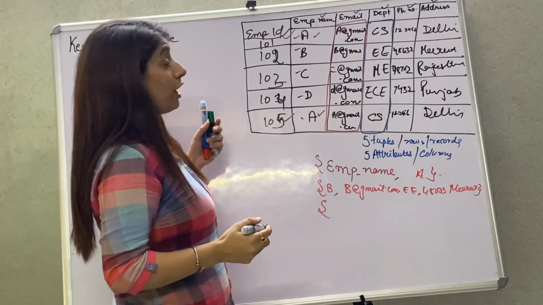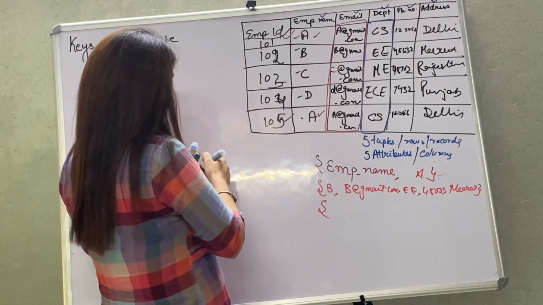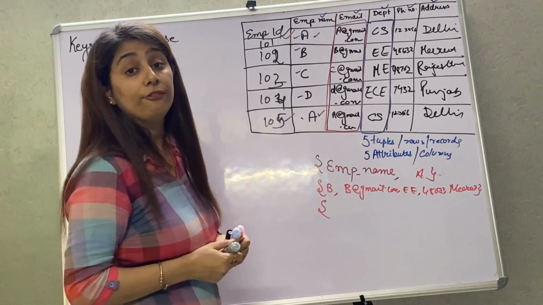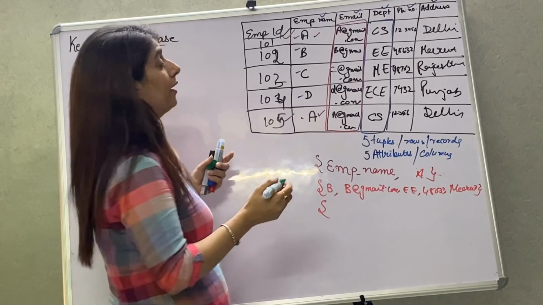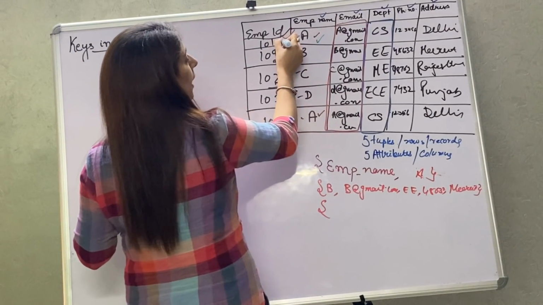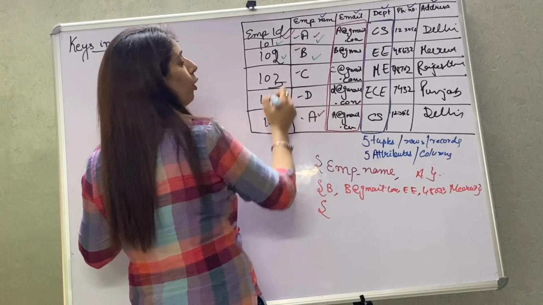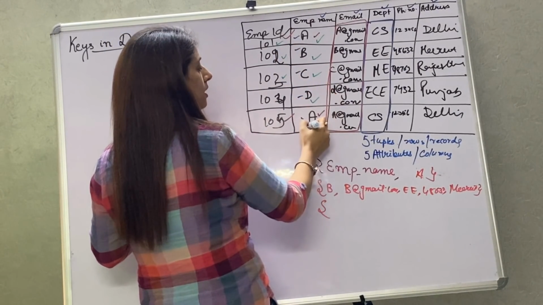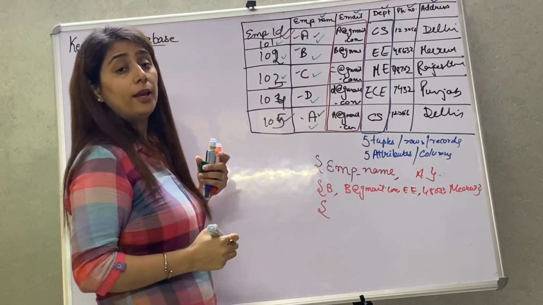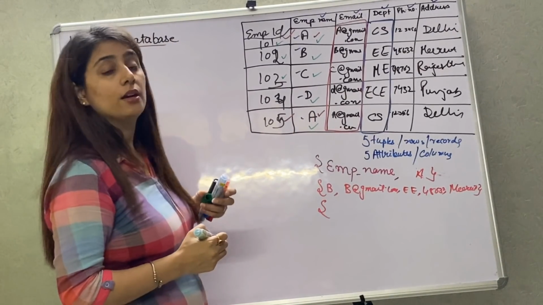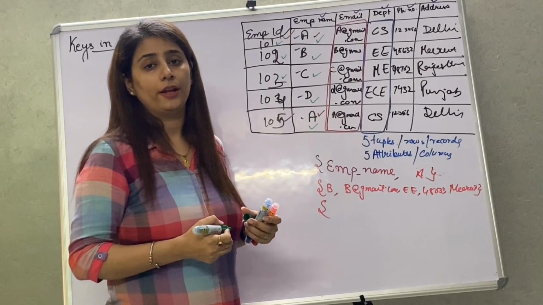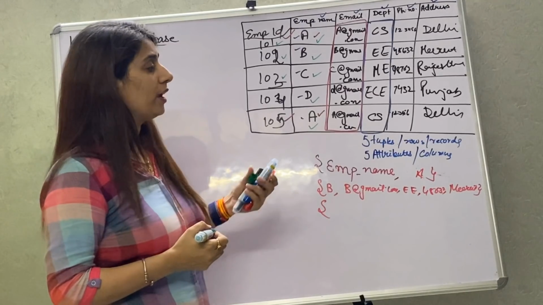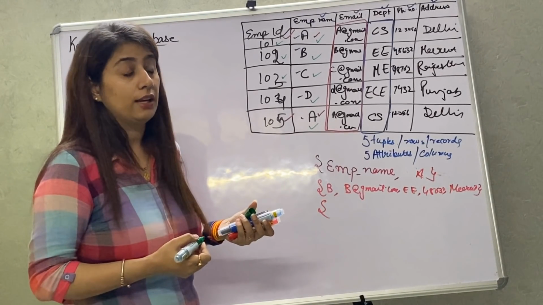Now you can see each employee here is uniquely identified with a unique employee ID. A has a different employee ID, B has a different employee ID, C has a different employee ID, same with D, same with A. Every person here has a different employee ID, and they can be uniquely identified. So we can identify them uniquely in a relation.